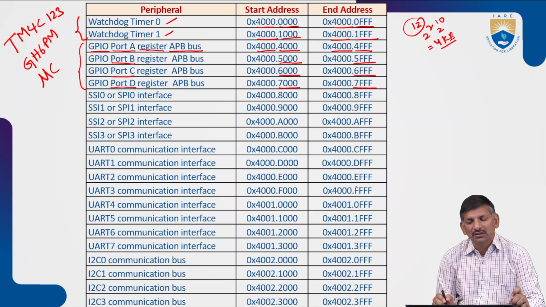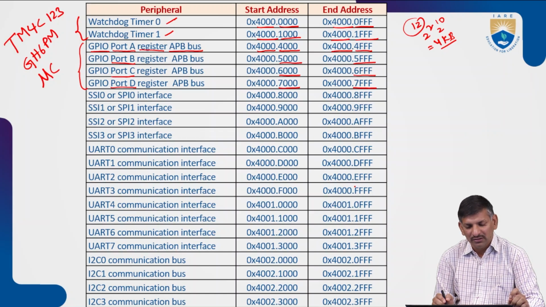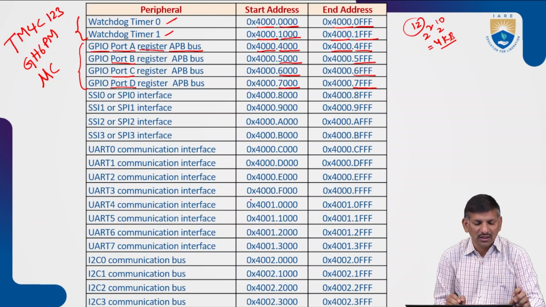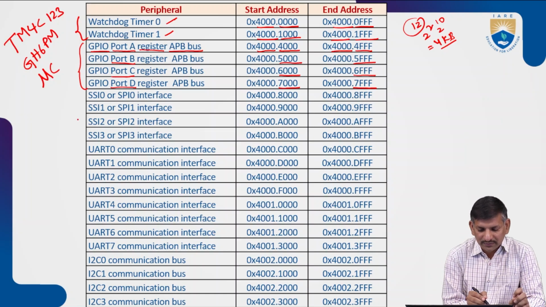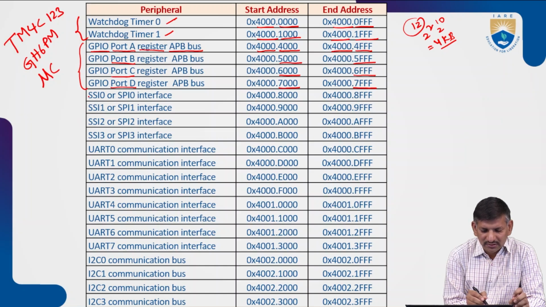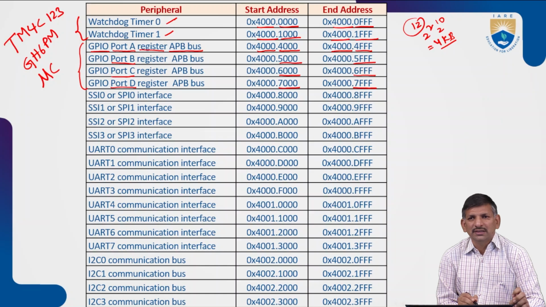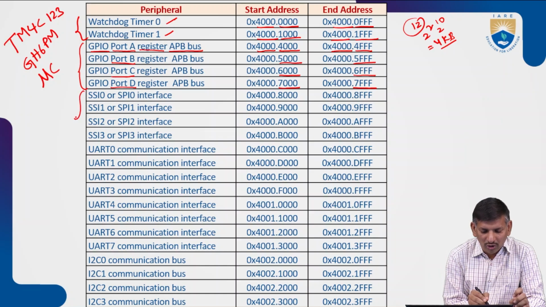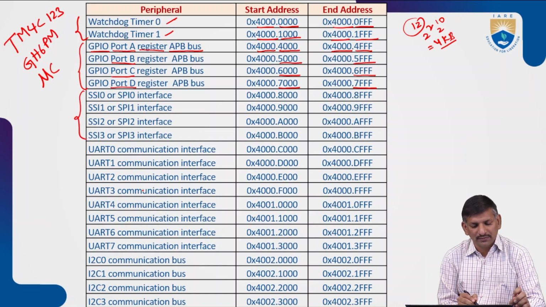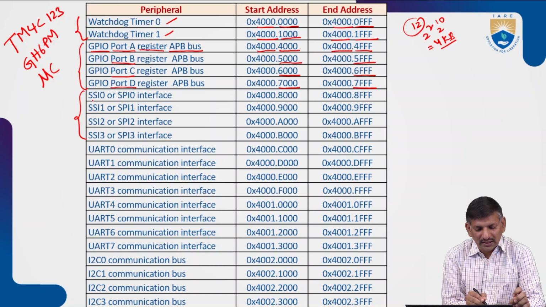This is a specific address range for ports available in the TM4C123GH6PM microcontroller.